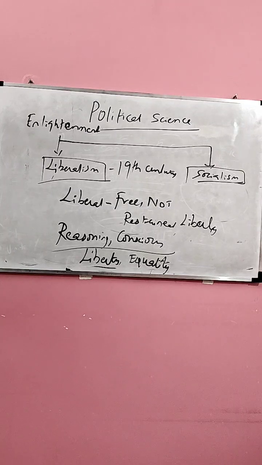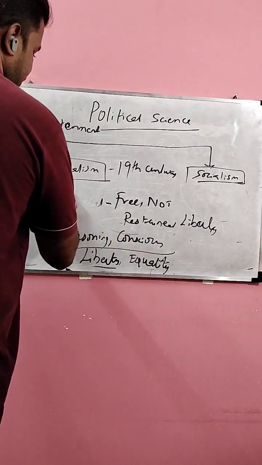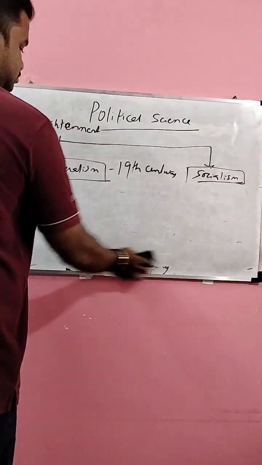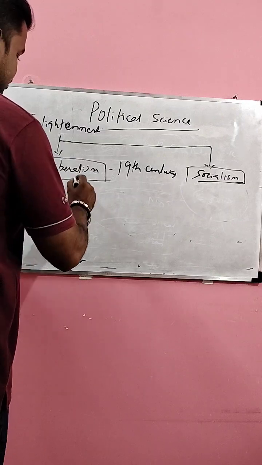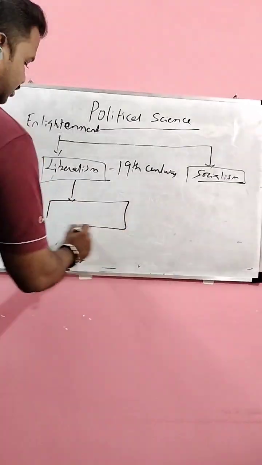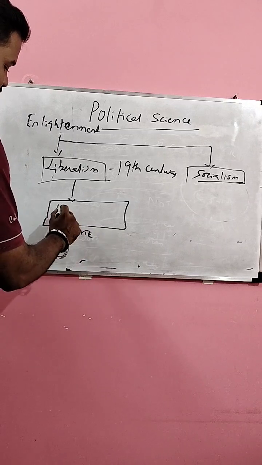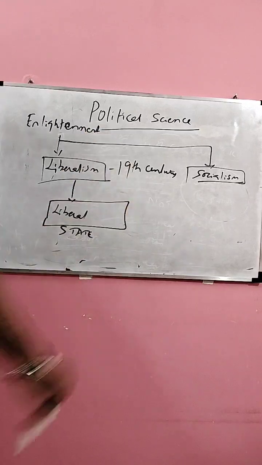Now coming to liberal theory of state. Liberalism as a philosophy, when applied to the institution called state, is actually the liberal theory of state. When applied to the institution state, it becomes the liberal state.